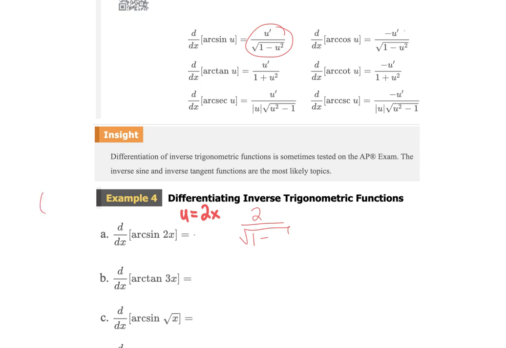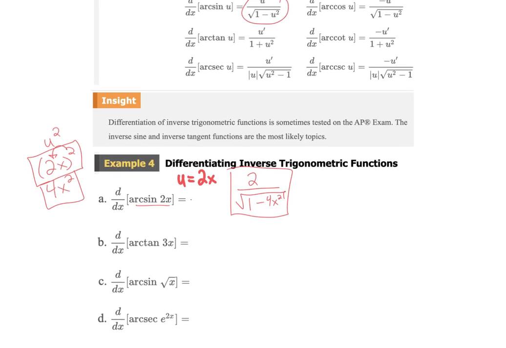Because we have u squared, that's 2x squared, that would be 4x squared. So you either have to write it with parentheses or after squaring the 2. I'm going to write 1 minus 4x squared. That is the derivative of the arc sine of 2x.